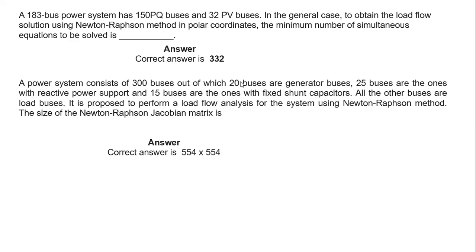So in this one, 20 buses are generator buses and 15 buses are capacitor. So how many PQ buses are there? Can anyone tell here? How many PQ buses are there in this problem? How many PQ buses?